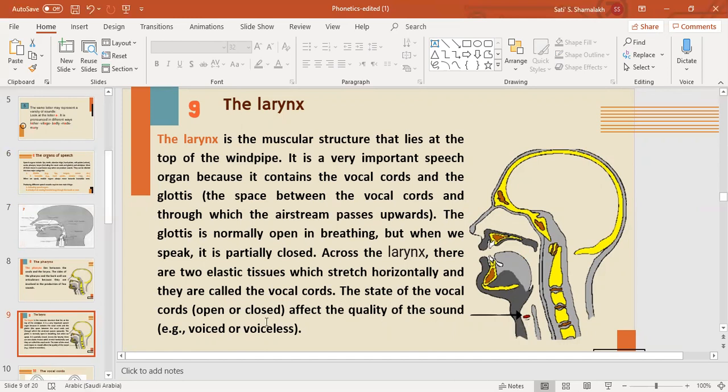The state of the vocal cords, open or closed, يا إما بيكونوا open يا إما بيكونوا closed, affects the quality of the sound as voiced or voiceless. So when they are open, they produce voiced sounds, أصوات مجهورة. When they are closed, they produce voiceless sounds. طيب.